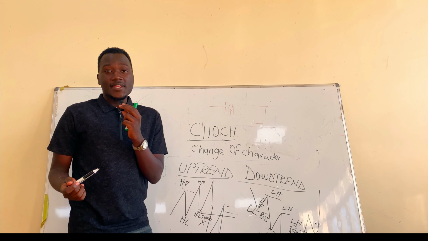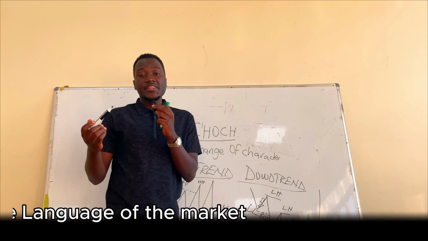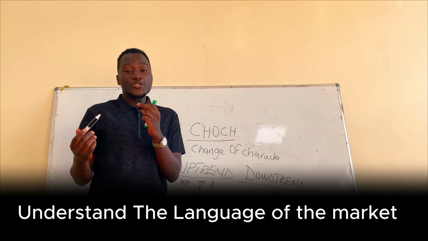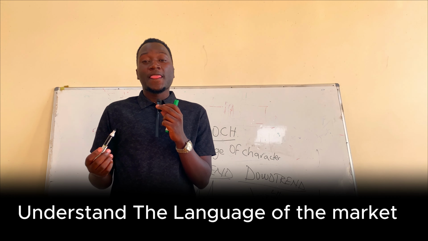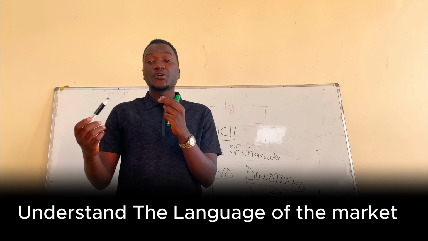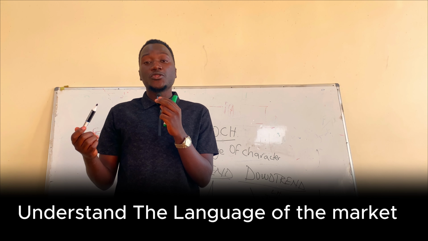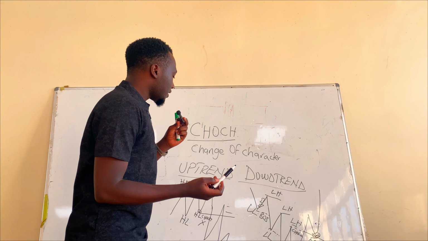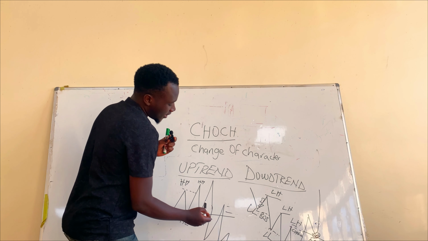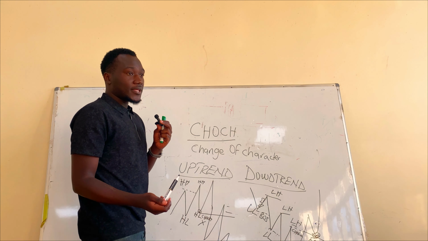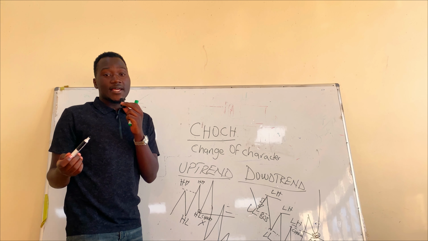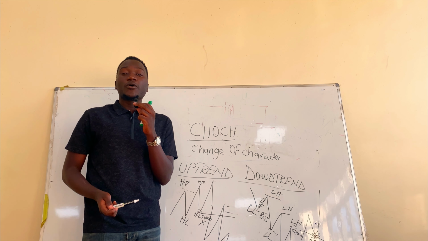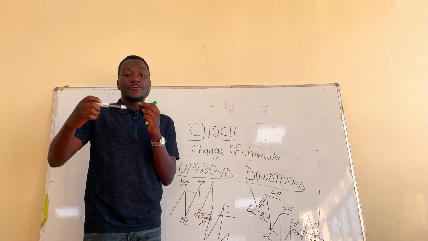It is telling you to be able to read the market direction, understand the language of the market, and it is going to become easy for you to take trades, because the moment you can read price, the moment you can read direction, there is no way you're going to freeze or get confused in your trading, because you literally know that if it is a change of character here, if I was looking for buys, let's say for example in an uptrend market, now I'm going to start looking for sells. If I was looking for sells in a downtrend market, I'm now going to start looking for the buys. It is the reverse of the other.